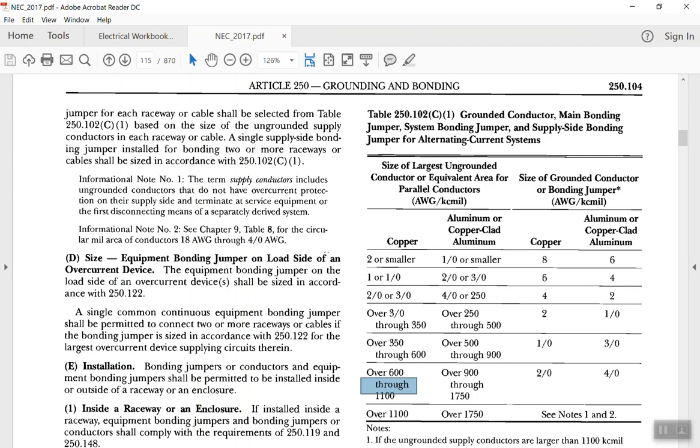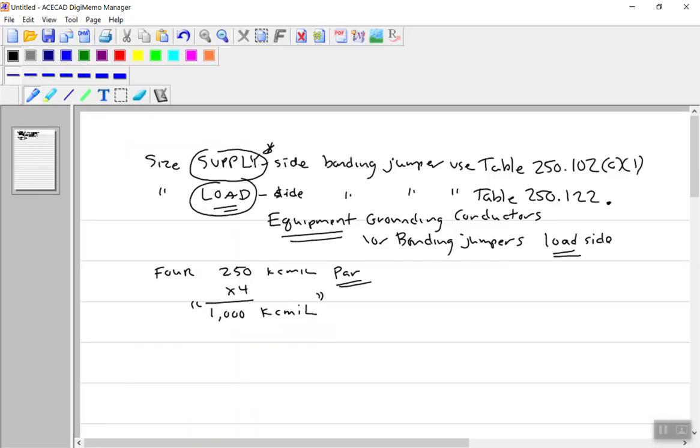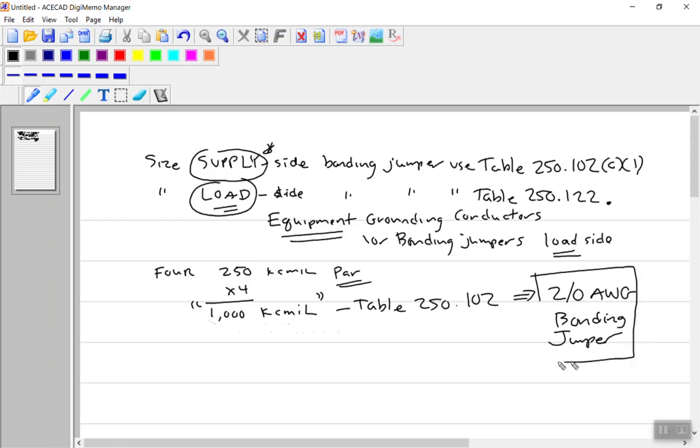So let's put that in our notes then. For the 1,000 kcmil service, using Table 250.102, we size up to a 2/0 bonding jumper. 2/0 bonding jumper.